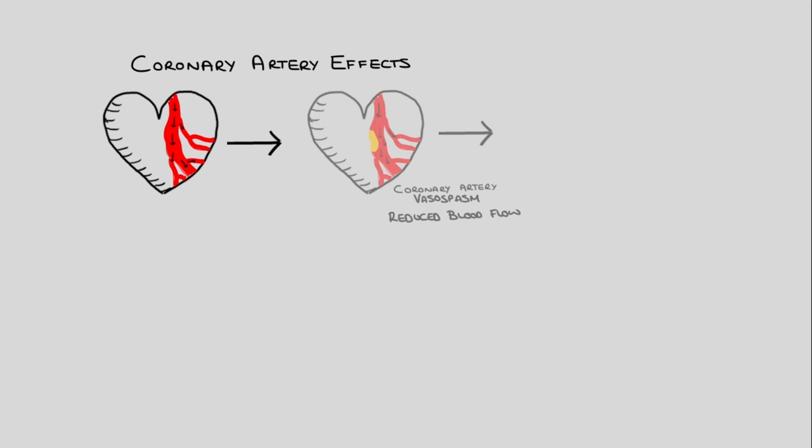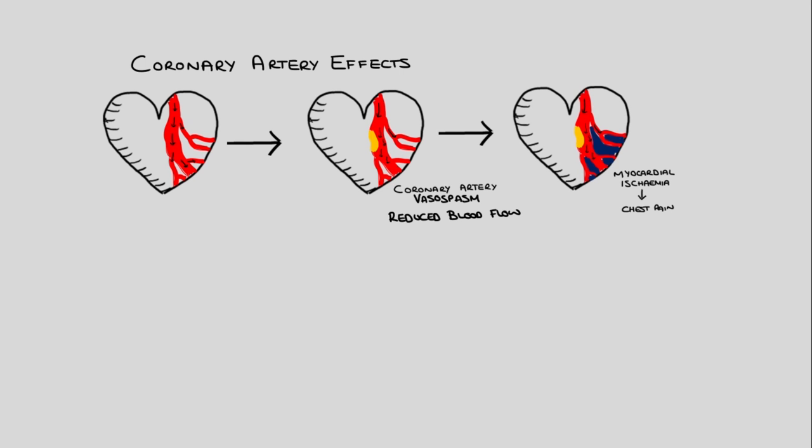So let's take a look at a pictorial representation of how this works. So let's take a look at how GTN works on the specific coronary arteries. So here we have a crudely drawn heart with some good coronary artery blood flow. If we introduce a thrombus in our coronary artery, it will cause coronary vasospasm around that thrombus, which will in turn reduce the blood flow through the coronary artery.